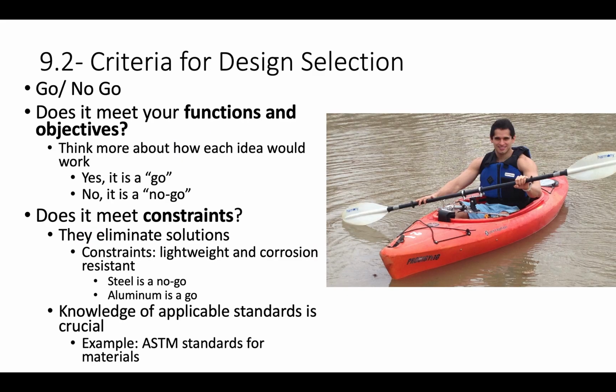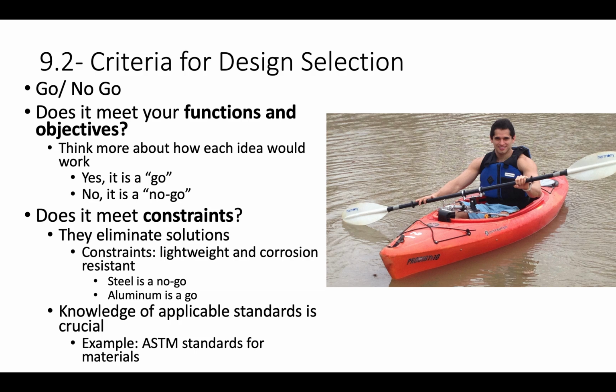So criteria for using for design selection. One of them is go, no go. So does this device or sketch meet all of your functions and objectives? So think a little bit deeper into each idea and see if it would work.